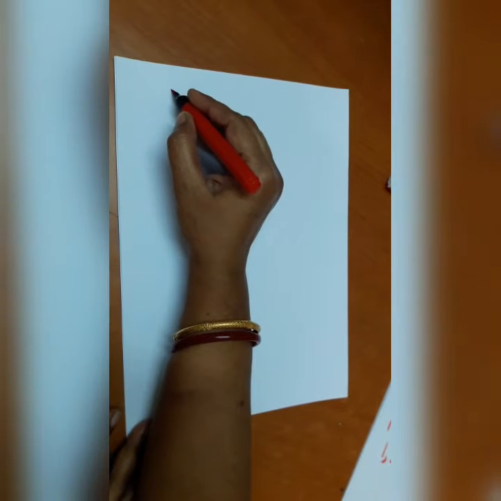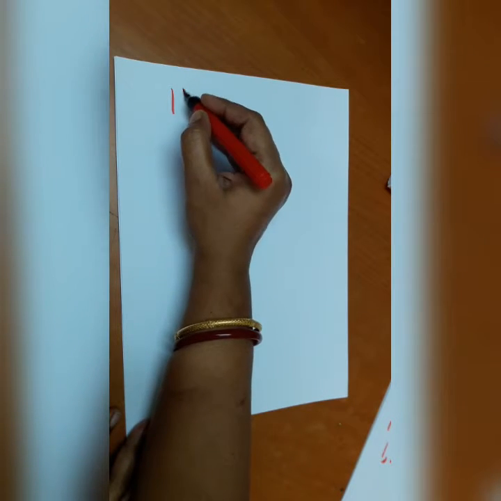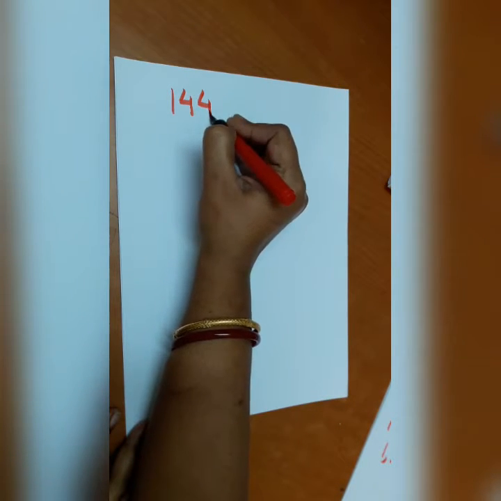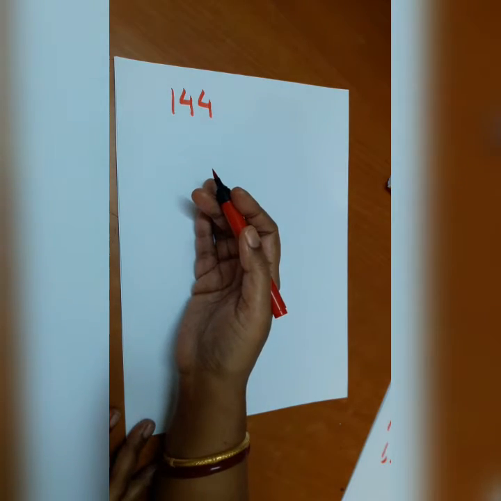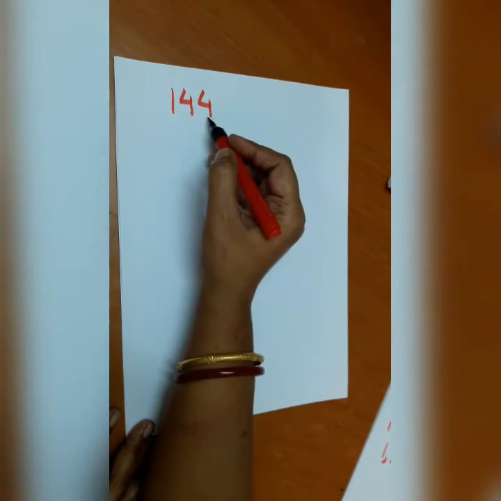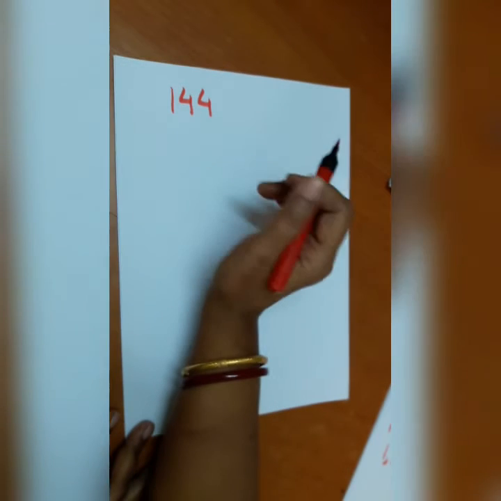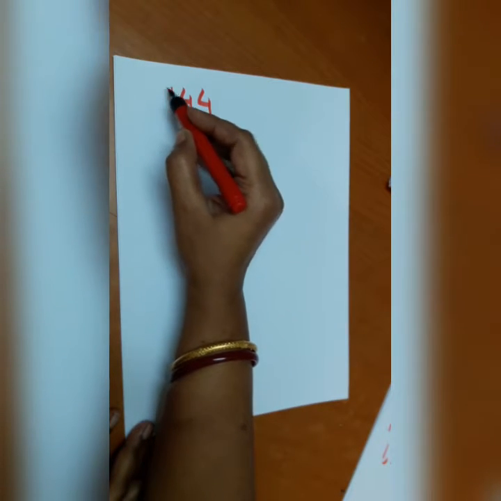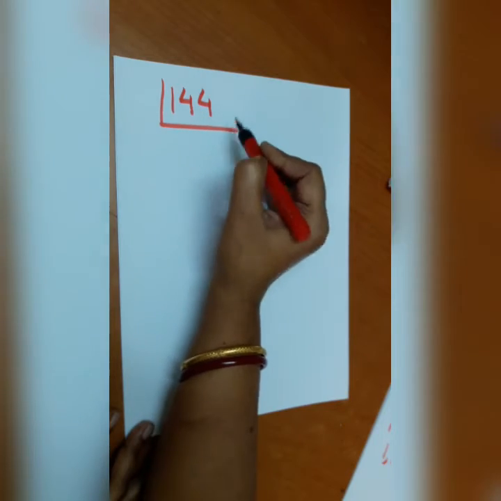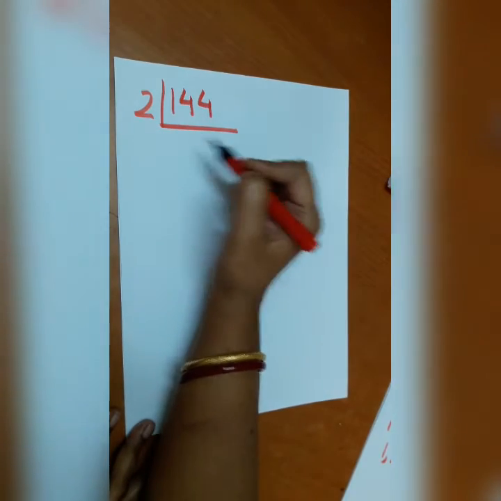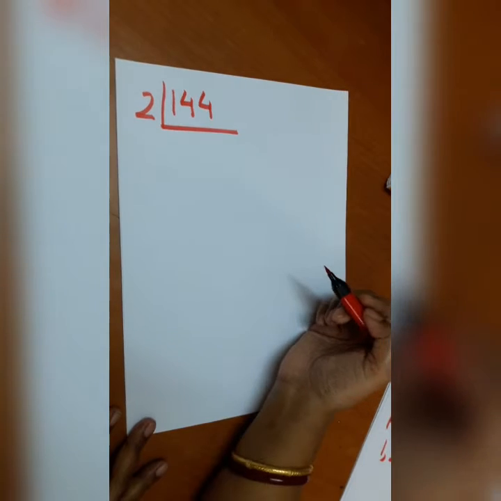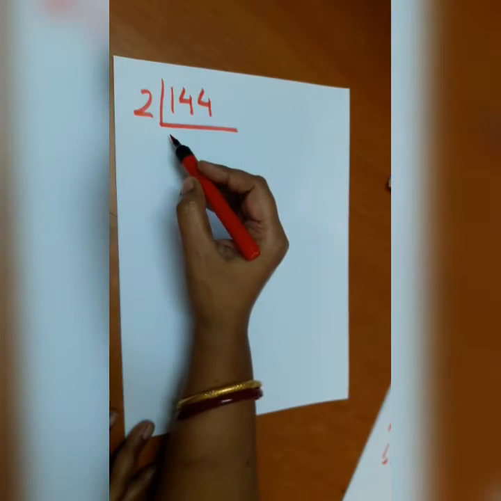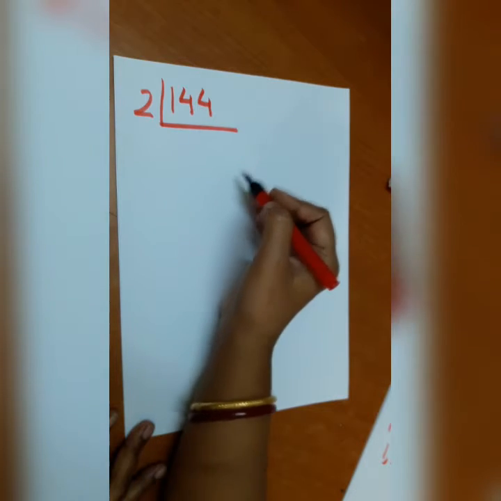Okay, now let us take a little bigger number than what we did. Suppose 144. This I am taking, this is an even number. As you know, if the last digit is even, then the whole number is even. So first of all, what we will do, we will divide it by 2. And why I am writing like this is, we actually do prime factorization of a number like this.